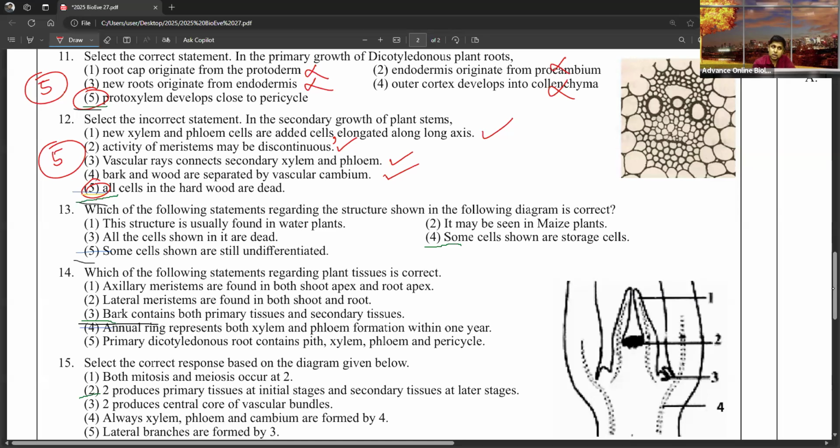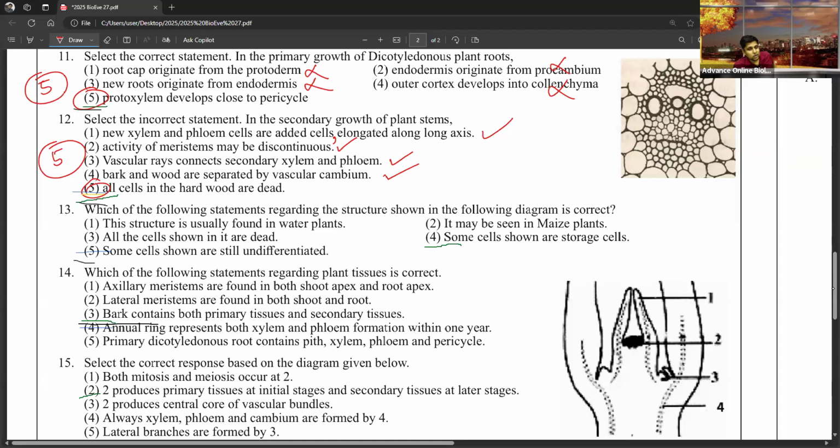Heartwood is present in the center, right? And sapwood is present in the periphery. So we talked about this, right? Is it clear or should I explain it further?